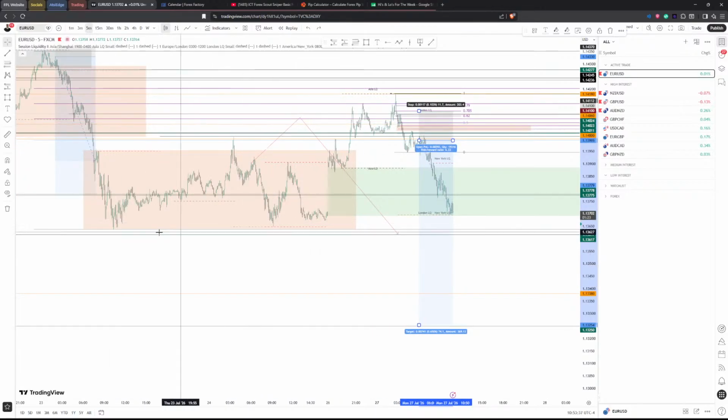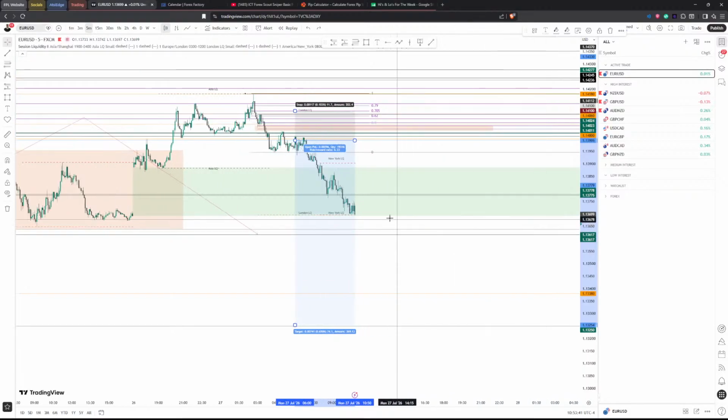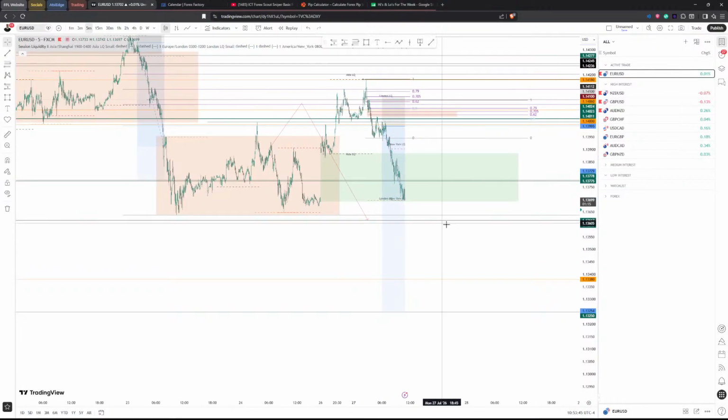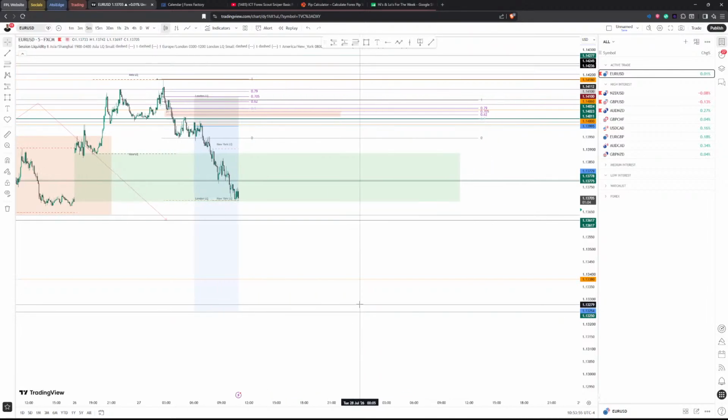And it will take this out. I'm assuming equal lows here as well. Taking this out is, I think, quite logical. Once I take this out, we'll take some partials, and then I can start looking to let the rest run here. I might take out most, maybe like 2/3 of the trade. Maybe even all, we'll see.